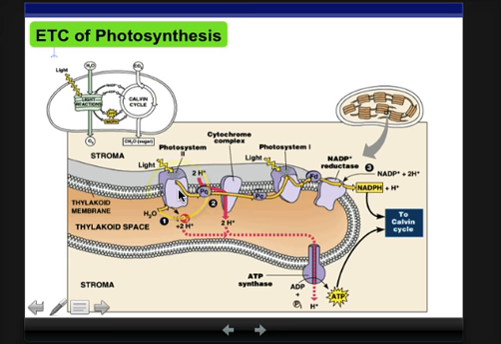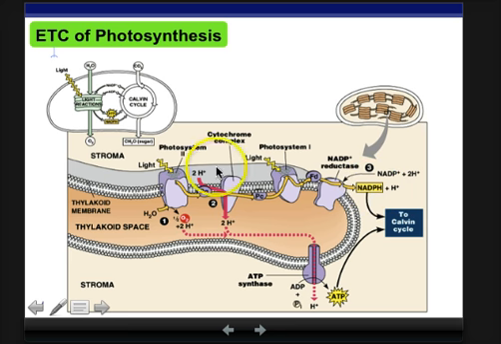Okay, and so the electrons get pulled along here. We get a little bit more proton action there. We get another bolt of light, some photons in here, exciting electrons, moving along. This becomes our electron carrier.